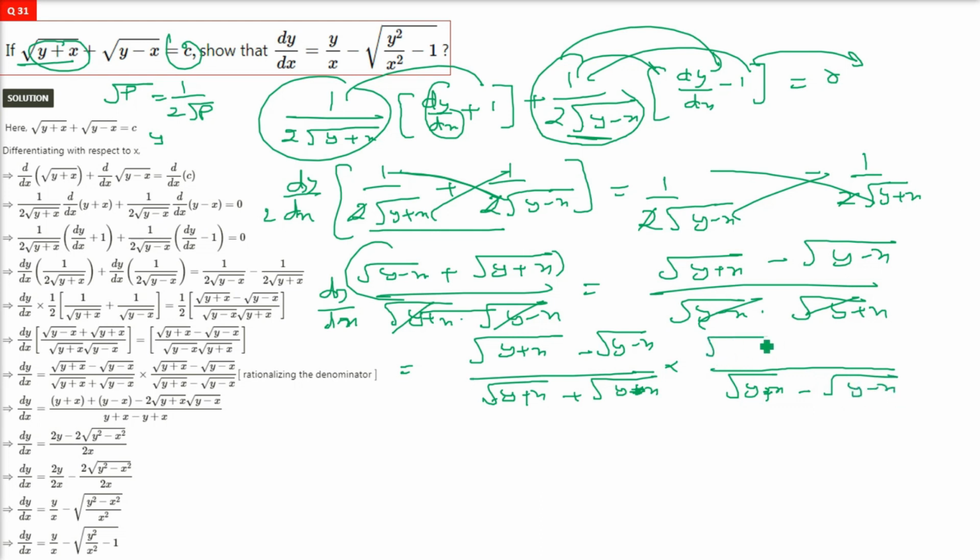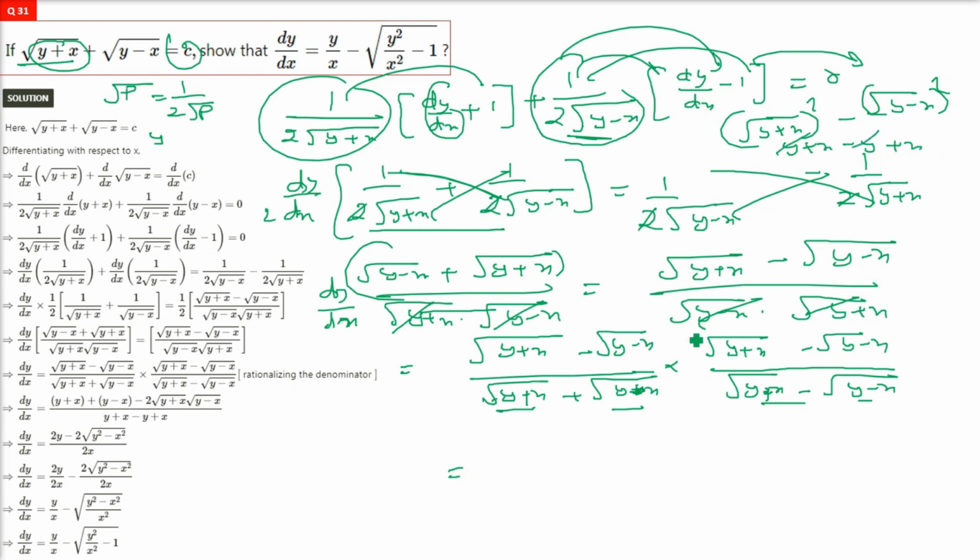Here also under root y plus x minus under root y minus x. Now this is a plus b, a minus b. A plus b into a minus b is a squared minus b squared. So it will be under root y plus x whole square minus under root y minus x whole square. It will be y plus x minus y plus x. So it will be twice of x in the denominator.